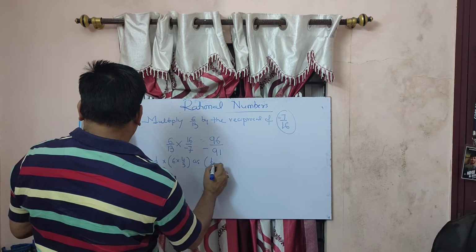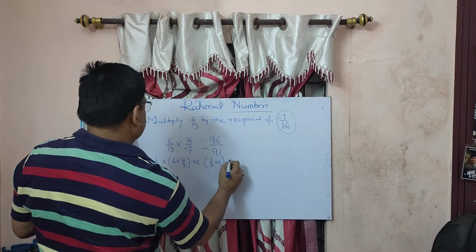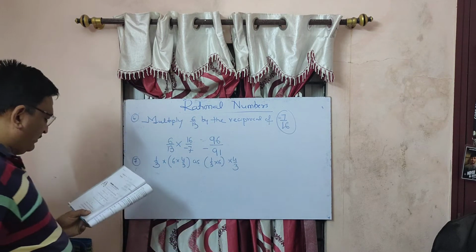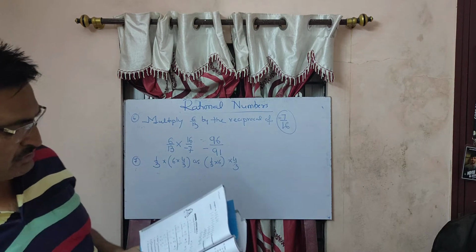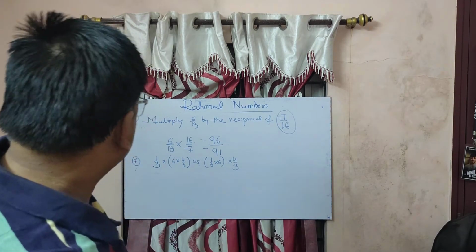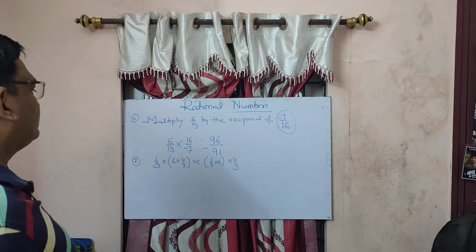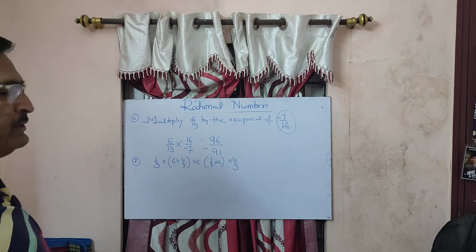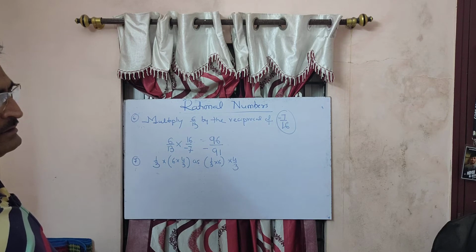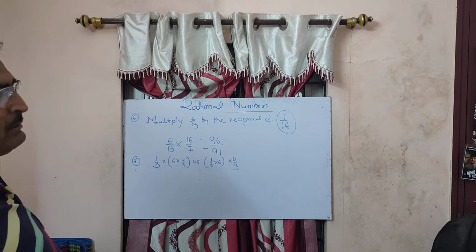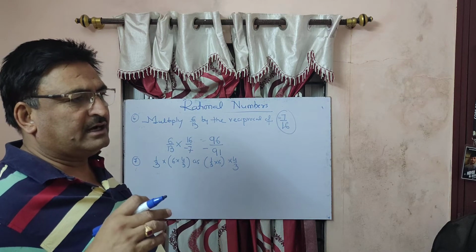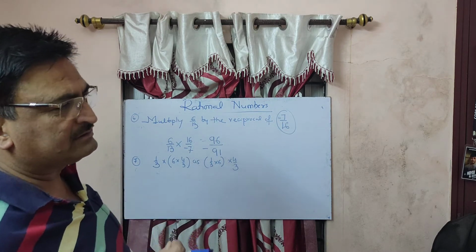Now tell what property allows you to compute. By looking at this number, you can easily say which property. By which property we can easily compute it, easily find the answer for it.